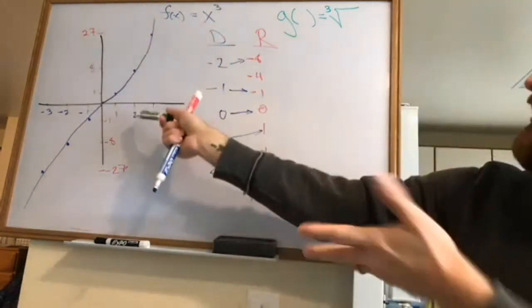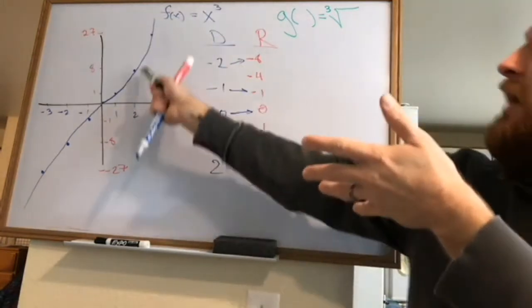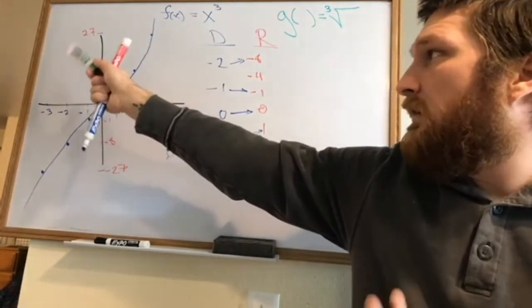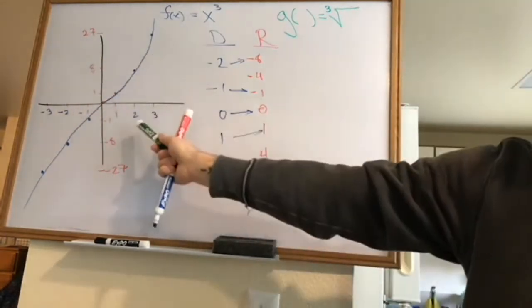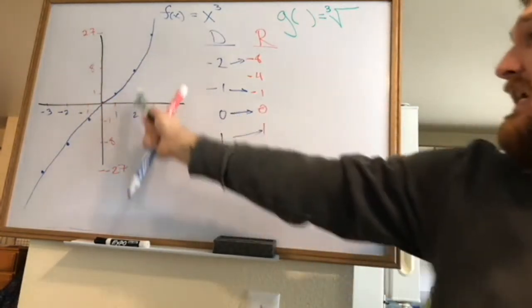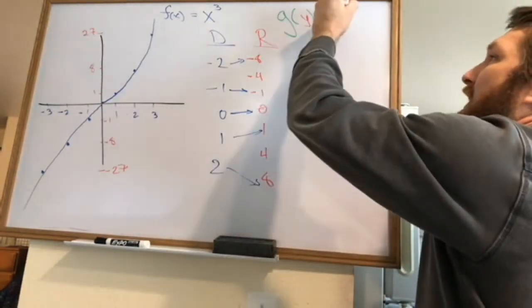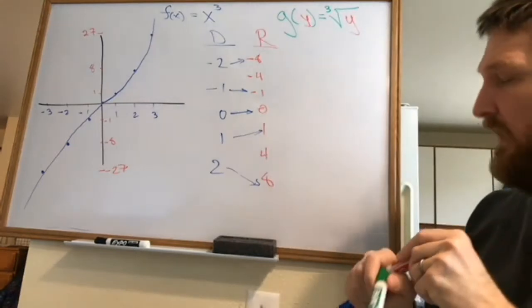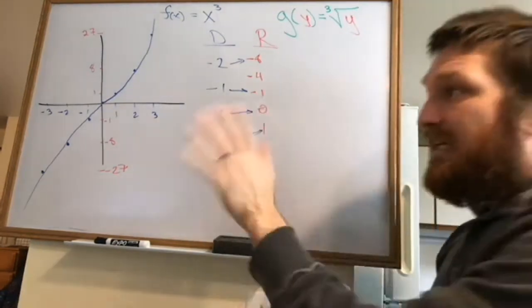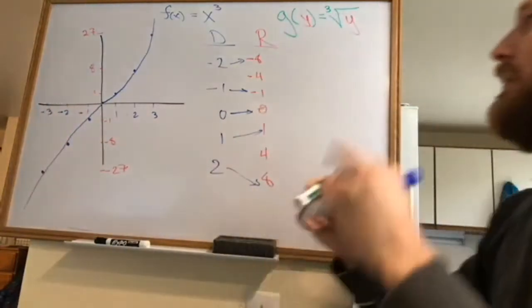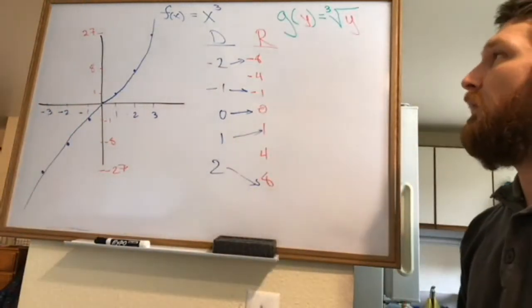You took a number, you plugged it into this function, and out popped an 8. And so you know that, well, what cubed equals 8? 2 cubed is the same thing as 8. So your input must have been a 2. And so when we do that kind of thing, there's no ambiguity. So we don't need to chop that guy off. We don't need to talk about a principal cube root.